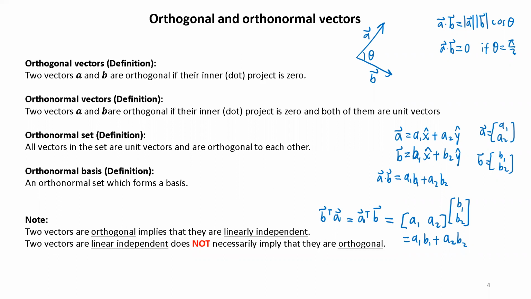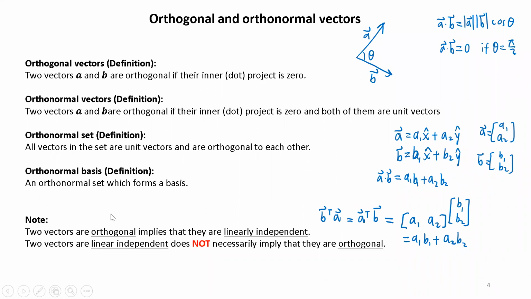Now I talked about two vectors. If I have a set of vectors, let's say in n-dimensional space, and I give you n vectors, and all these n vectors are unit vectors and also perpendicular to each other, orthogonal to each other, then in principle you need to consider all the dot products between the n vectors to make sure this is satisfied.